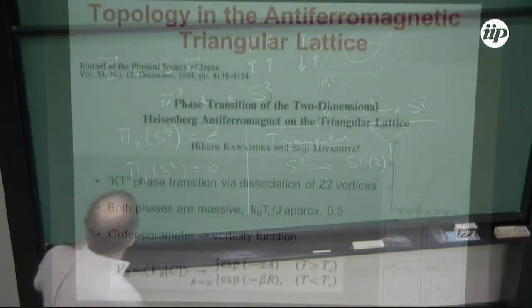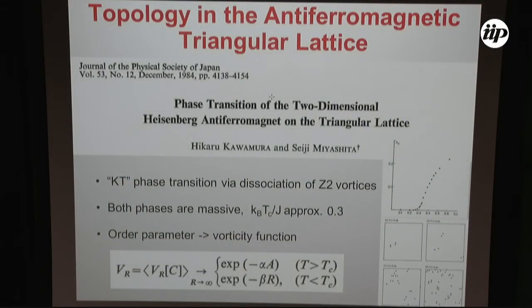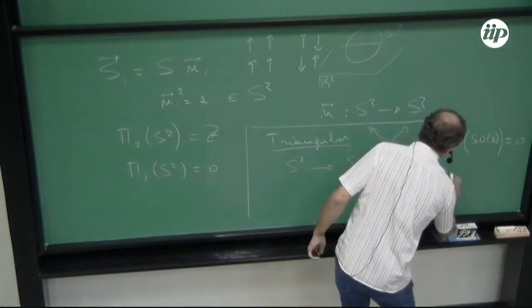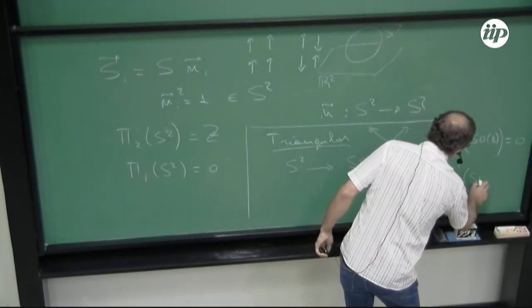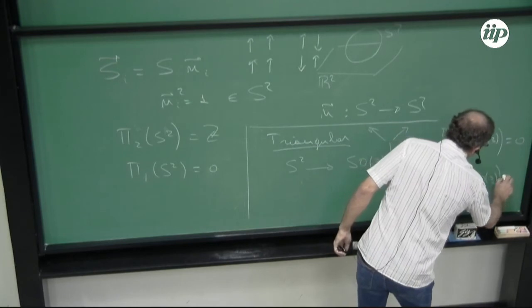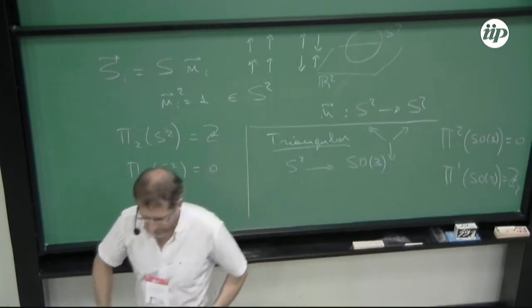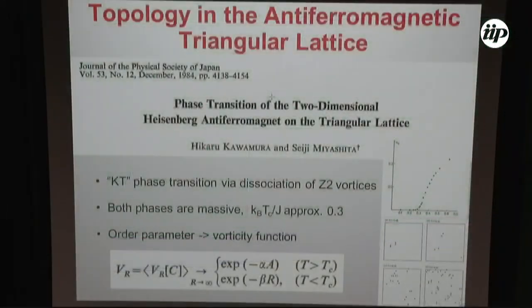So essentially now these things change to the following. So pi 2 of SO3 is trivial now, so there should be no skyrmions, but on the other hand, pi 1 of SO3 is Z2, okay? So maybe I forgot to mention that this is what gives rise to skyrmions, but I think I have said that, and you should know.